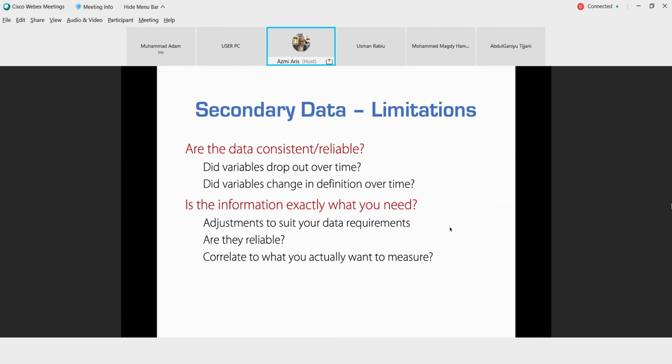Other than that, as I gave you an example just now, I am working on water quality, and of course I want to know what is the impact of land use on the water quality of that particular river. But unfortunately, the land use data that I have, let's say now is 2021, is only the latest 2015.